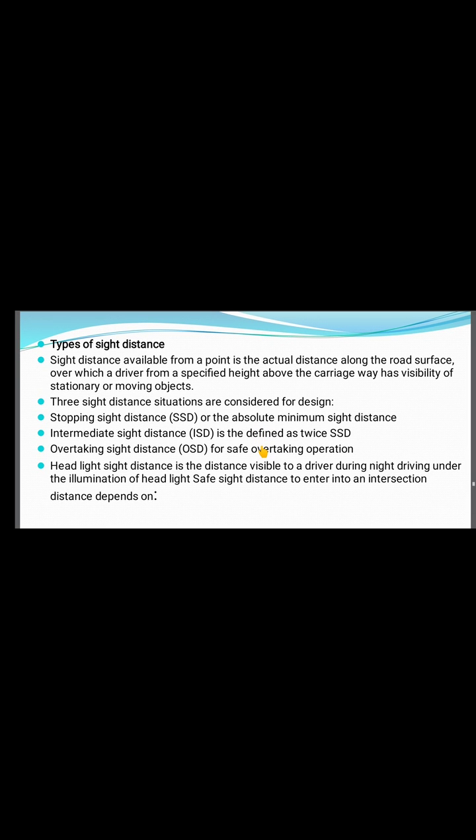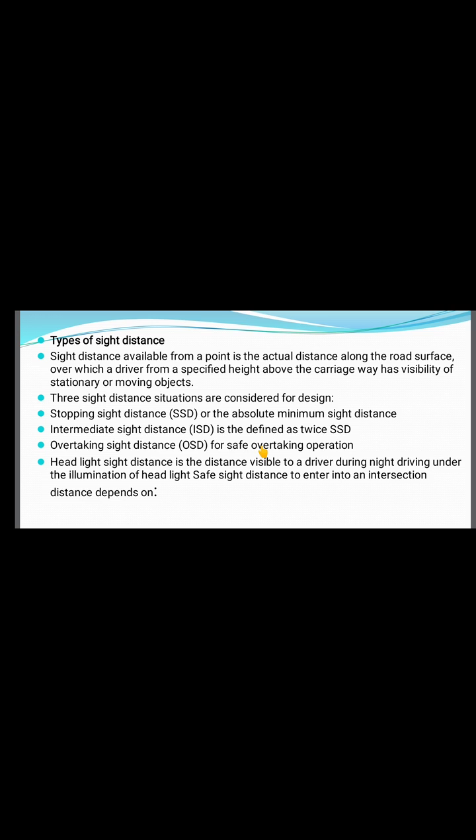Next, the types of sight distance. Sight distance available from a point is the actual distance along the road surface over which a driver from a specified height above the carriageway has a visibility of stationary or moving objects. There are three types of sight distance situations considered for the design.